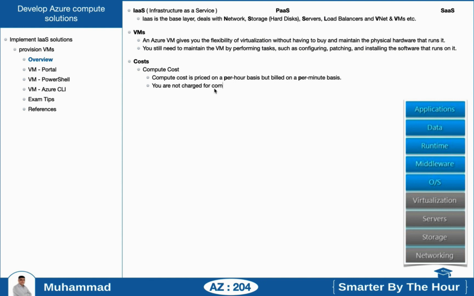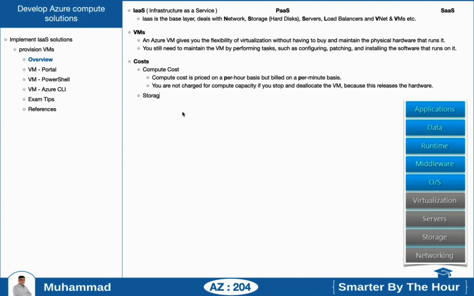Also keep in mind, you are not going to be charged for compute capacity if you stop and deallocate the VM, because this releases the hardware. It means Azure can use that hardware for other tenants.